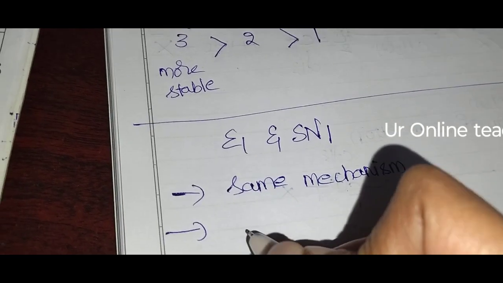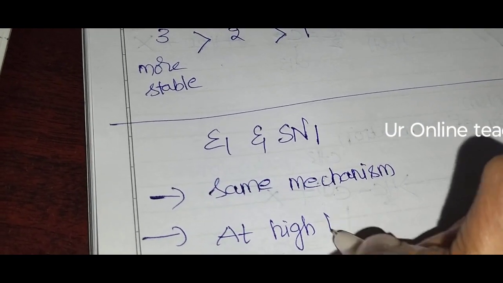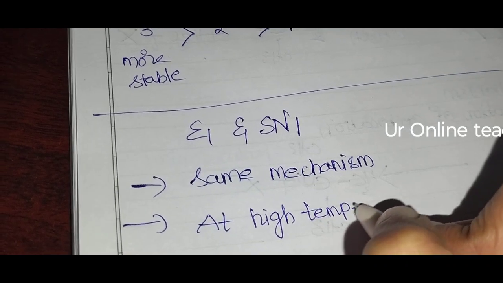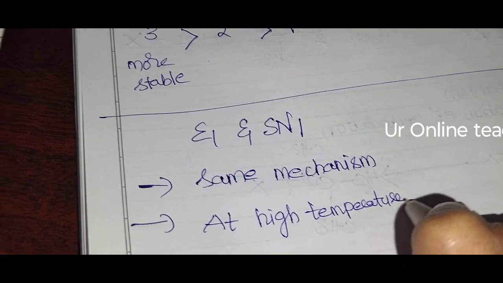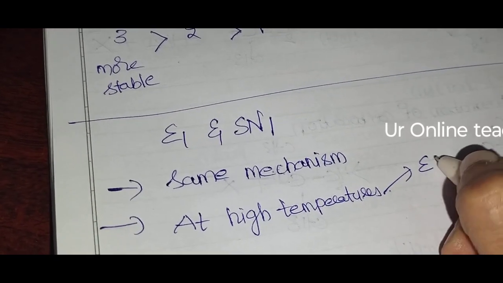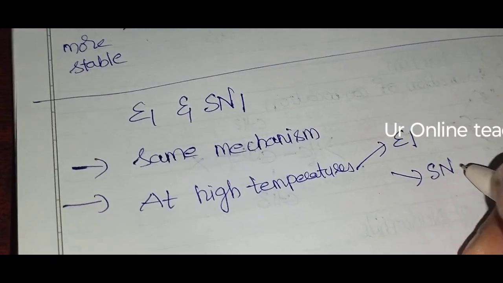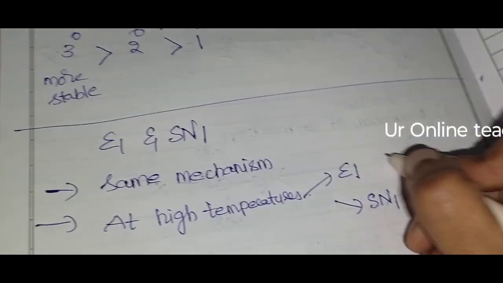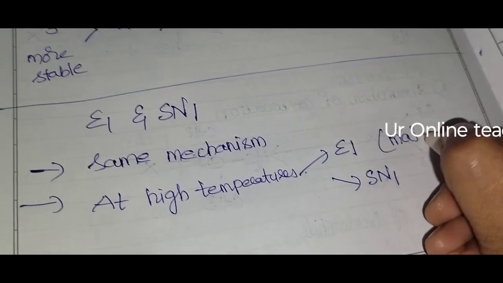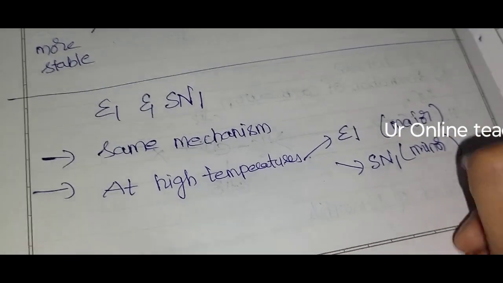I already told that elimination reactions take place at high temperatures. So at high temperatures, major products will be E1 and minor products will be SN1.